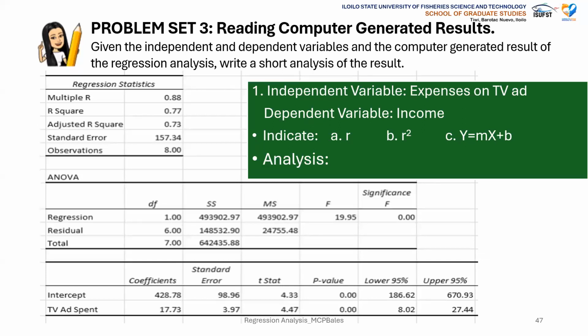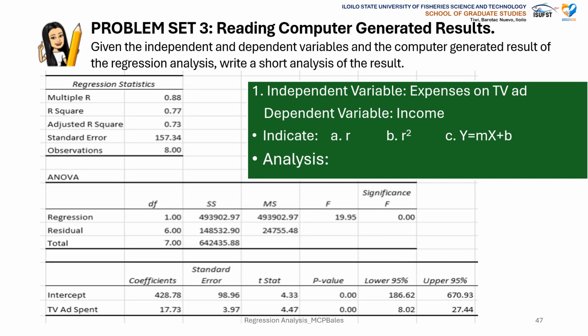0.77. Very good. What is our equation? We will use the coefficients here. So what is our equation? Y equals what? R squared is 0.77, sir.